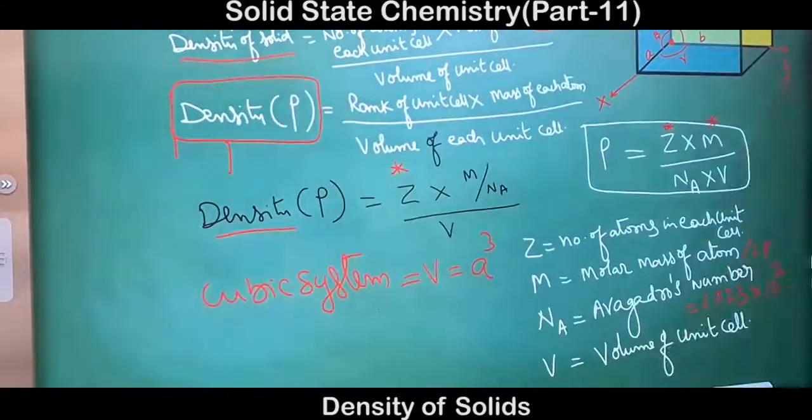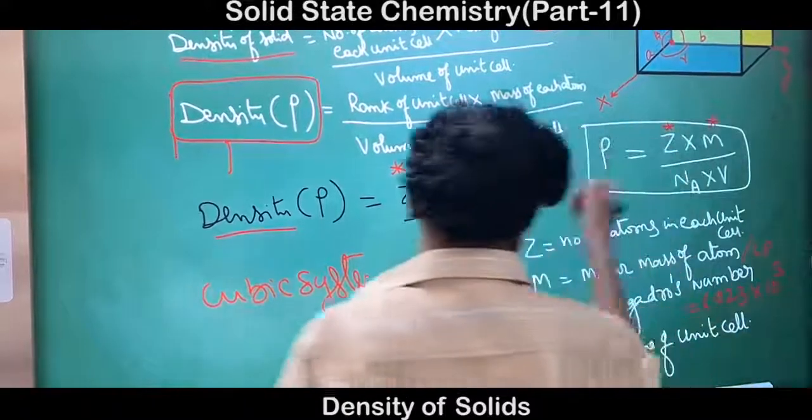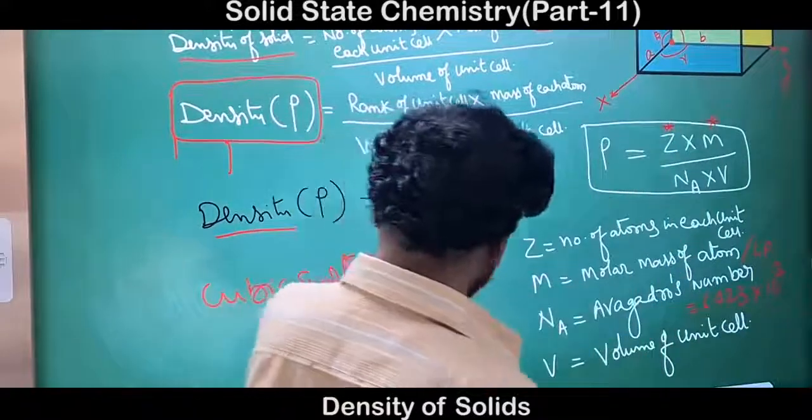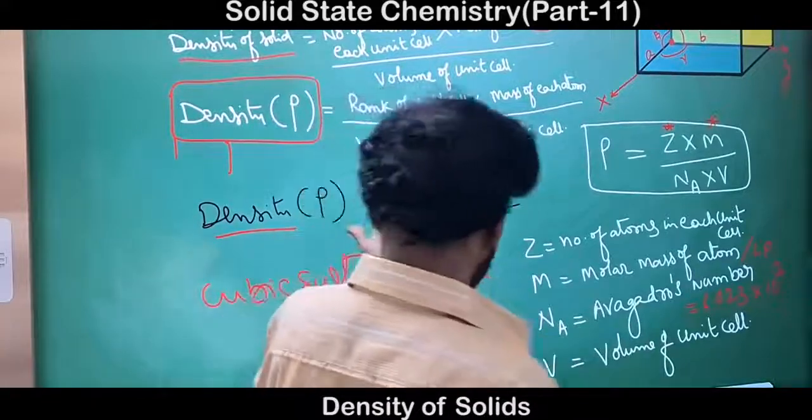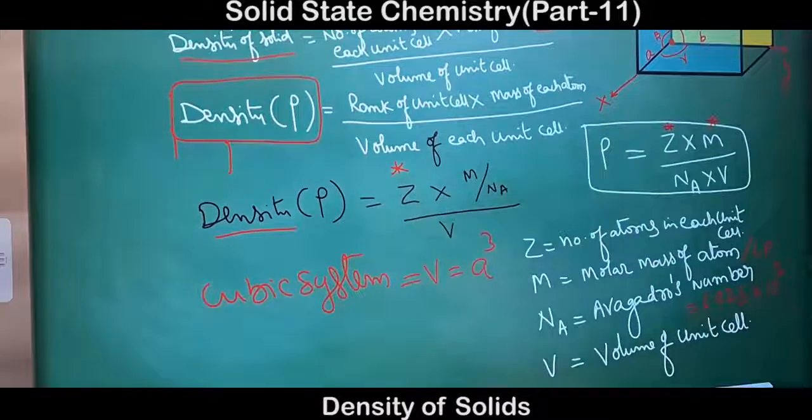For other shapes, it is A square into C. Depending upon the shape of the unit cell, we can evaluate the corresponding volume of the system. It is not difficult. It can be a hexagonal close packing system also, and there we can evaluate the volume of the unit cell.